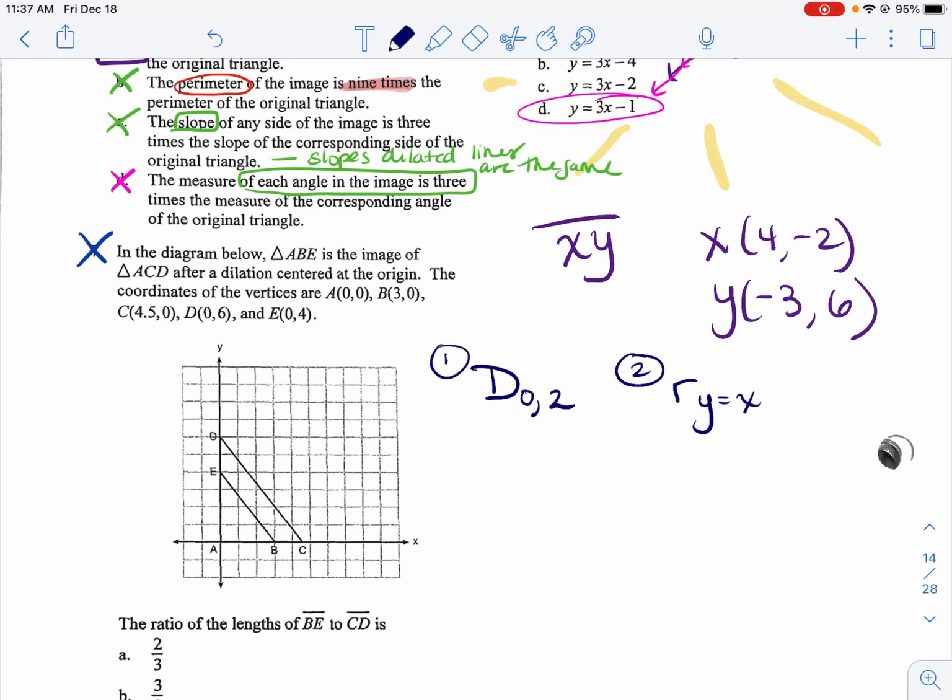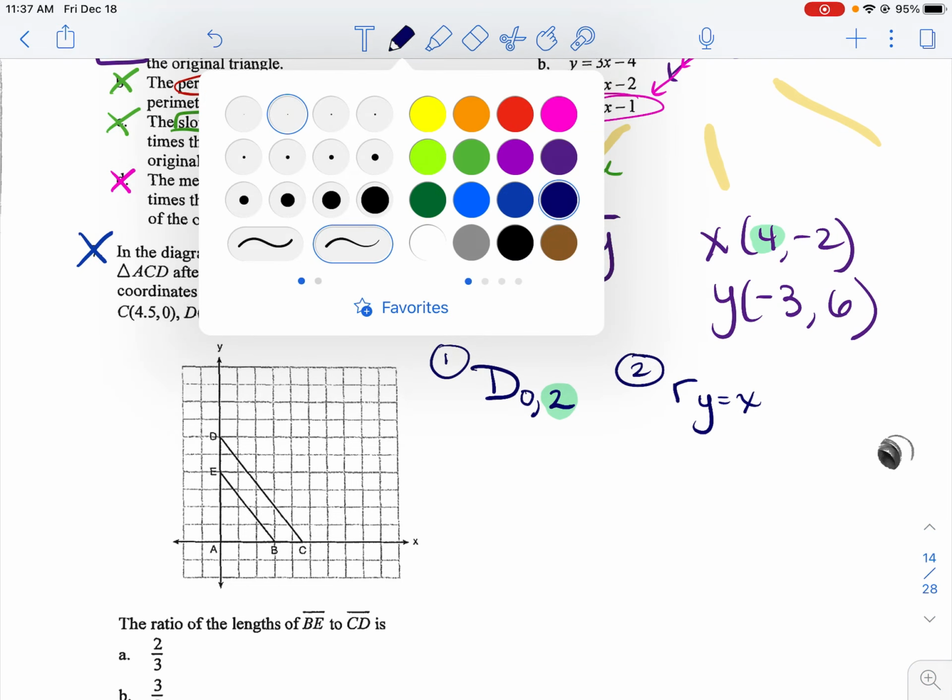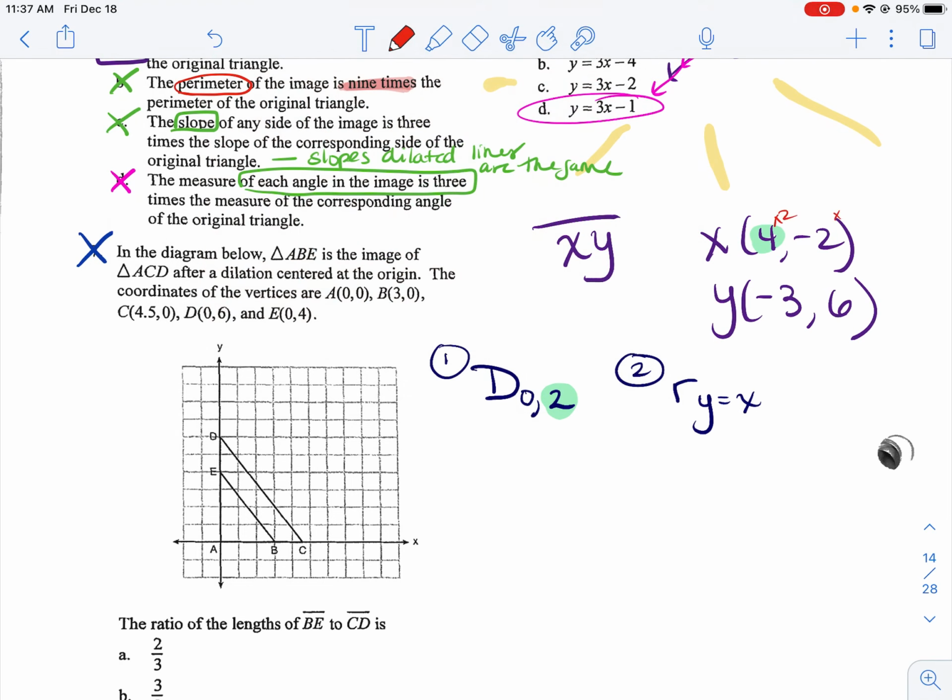What would you do? Well, how are you going to dilate by a factor of 2? All we're going to do is take each point and multiply by 2. So X prime is going to turn into (8, -4). Y prime is going to turn into (-6, 12). And then we know this little r means to reflect about the line y equals x.